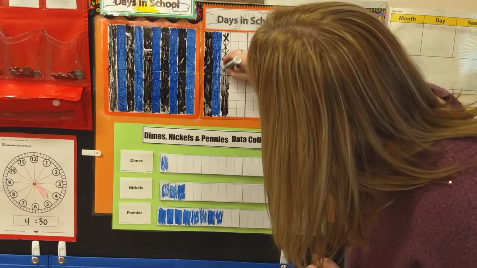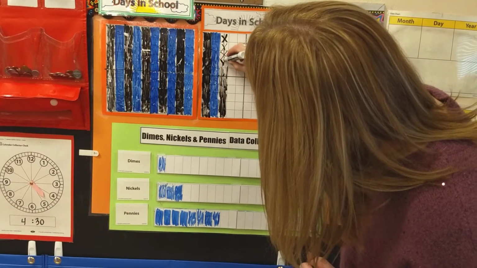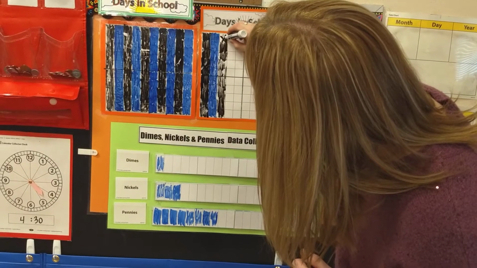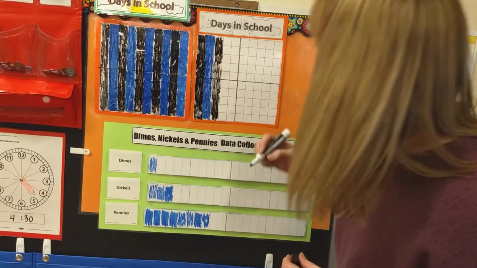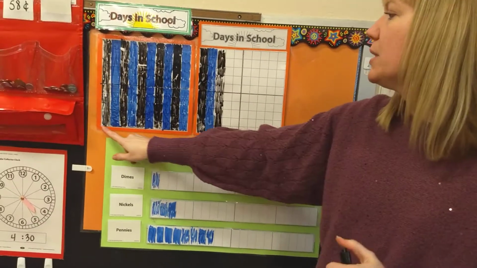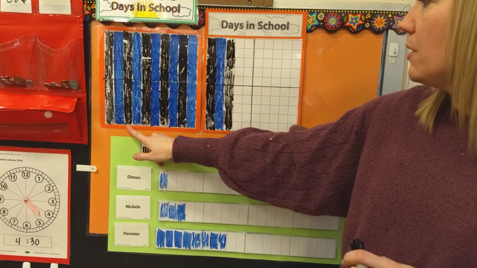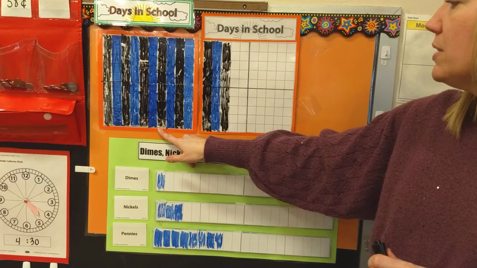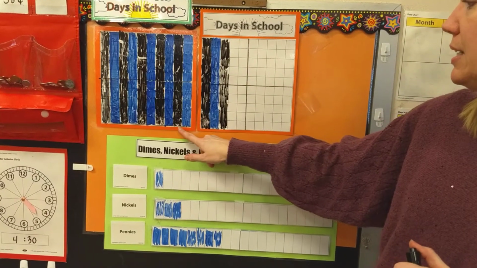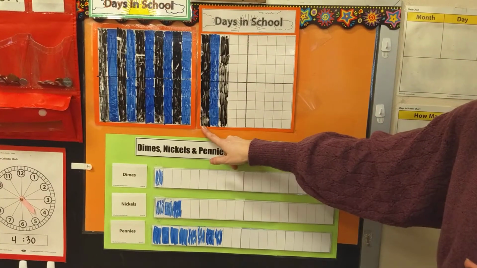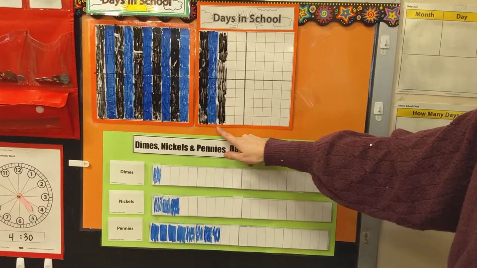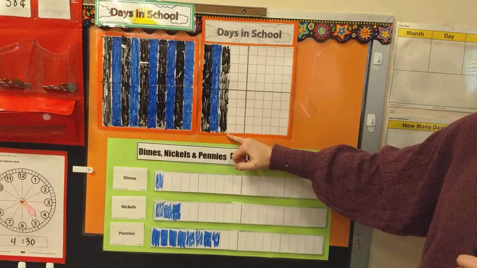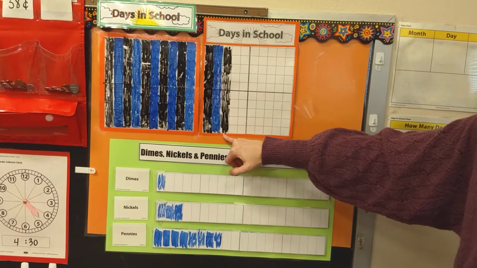So we completed another decade of 10. All right, so let's count by tens. Ready? 10, 20, 30, 40, 50, 60, 70, 80, 90, 100, 110, 120, 130. So we have finished the 13th decade of 10.